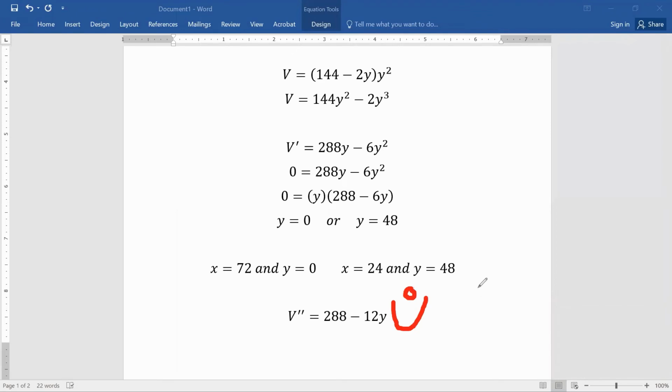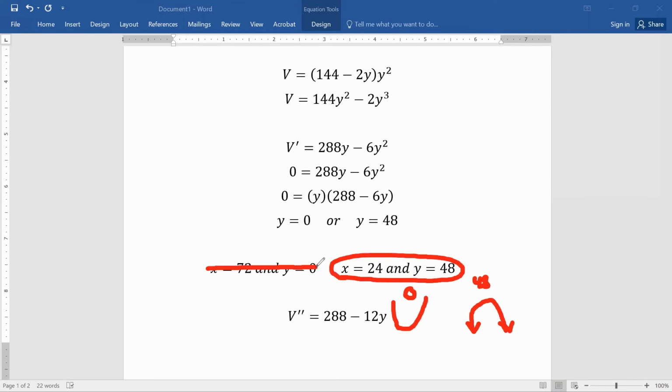If I plug in y equals 48 into the second derivative, 288 minus 12 times 48 gives me a negative 288. So if I plug in 48, we're concave down. So if I'm looking for a maximum, I'm looking for this pair, and the other pair is not going to work.